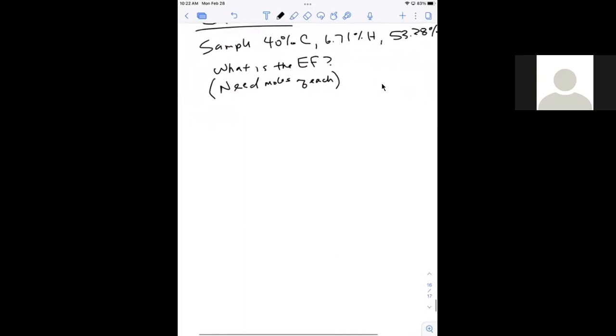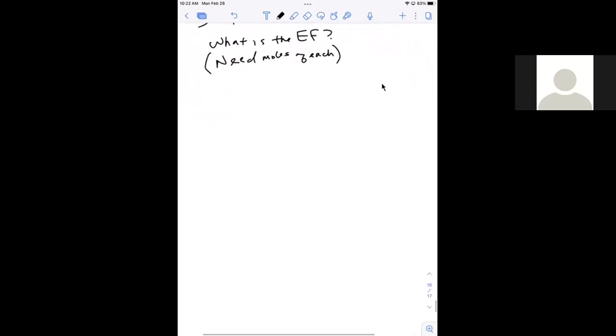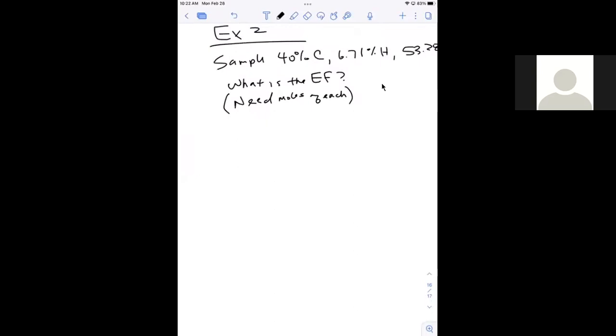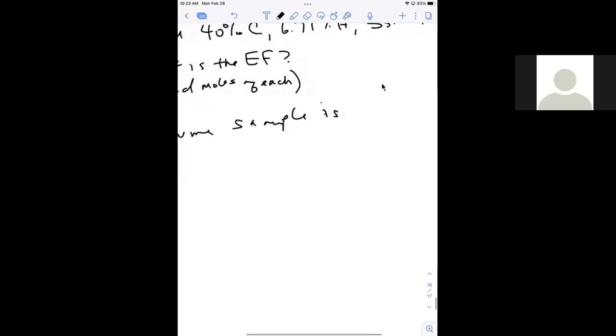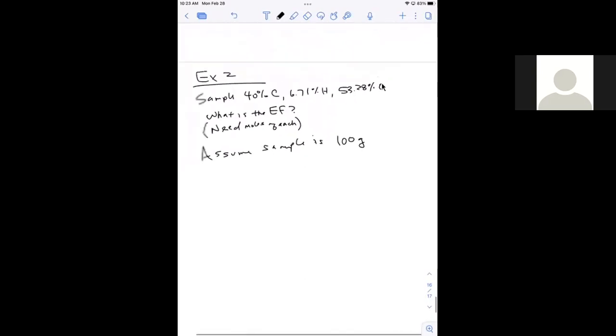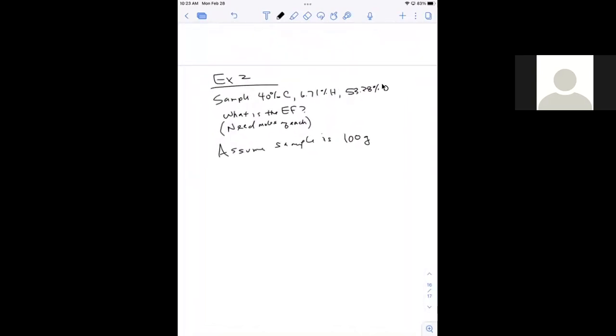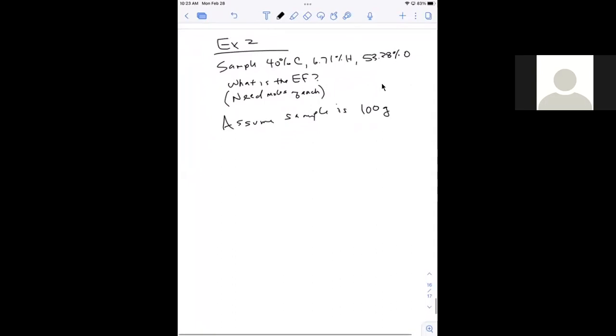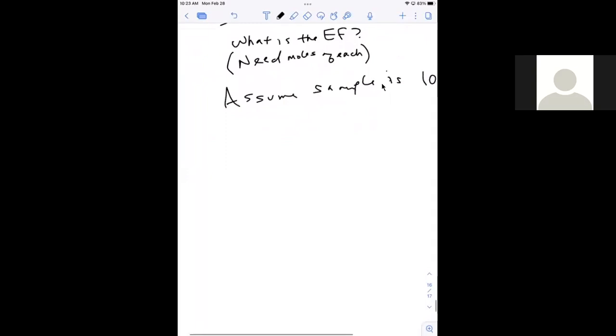All right. So again, with an example like this, we can make the assumption that the sample is 100 grams. So what that means is what? Somebody tell me how many grams of carbon you have in this sample. 40. Okay, 40 grams of carbon.